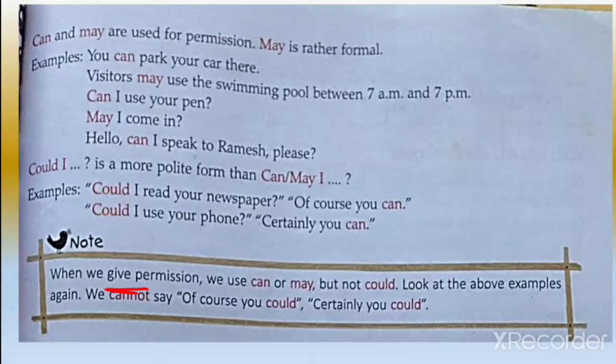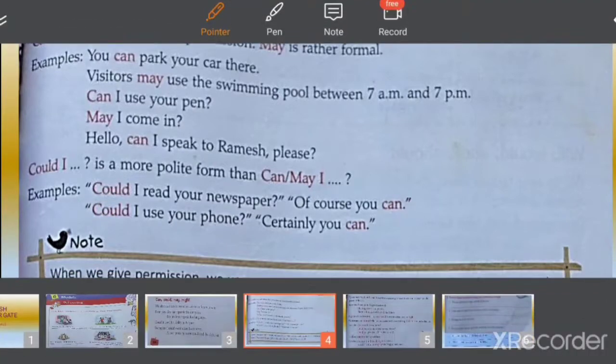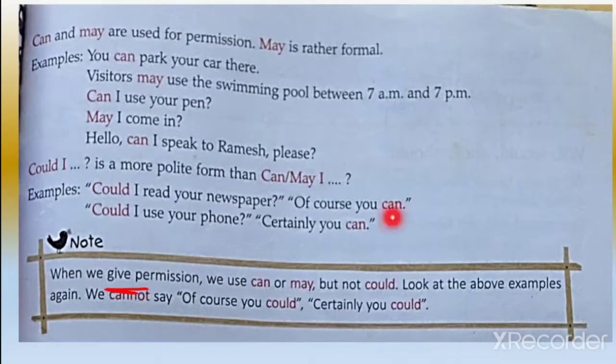But if you are giving permission, then of course you can, not of course you could. So here you have to use can, not could. When you give permission, you have to use can or may. When you take permission, you have to use could. You cannot say, certainly you could. It's wrong. Certainly you can.